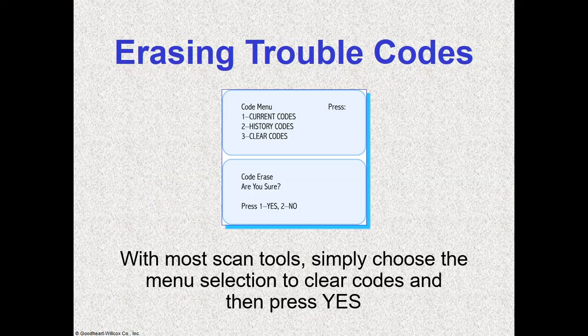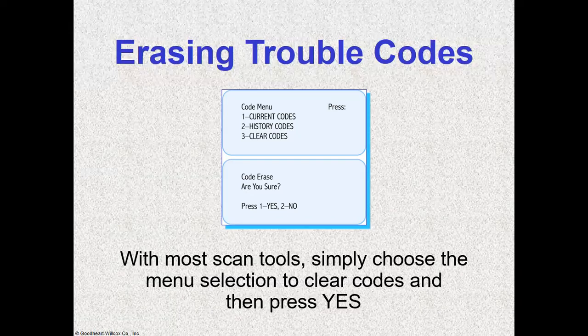So in the code menu, press 1 for current code, and we have history code and clear code. Code erase. Are you sure? Press 1 for yes, 2 for no. This tool is there to make sure you do not erase the code by mistake. Once you are sure you want the code deleted, you delete it.